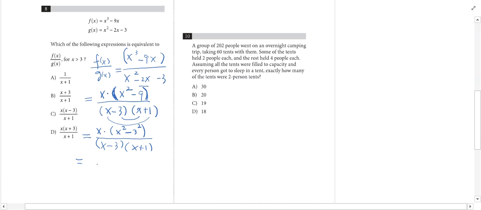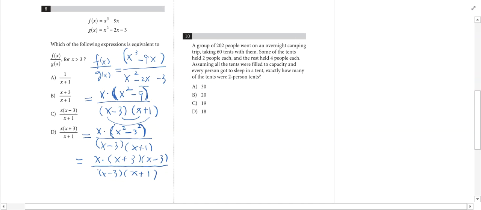You factor this part using the algebra formula called the difference of two squares. So this is x times x plus 3 and x minus 3, over x minus 3 and x plus 1.